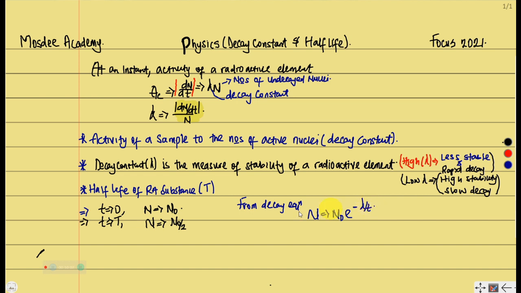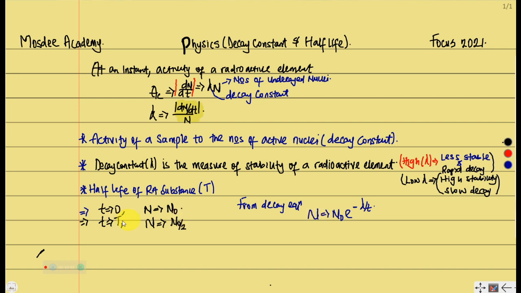This is the decay equation I gave to you in the previous slide, and I explained how we come about this. For those that are just joining us, you can watch the videos available on our channel on YouTube, Mosty Academy. Here, we are considering the time at which half of the element has decayed, which we call half-life.